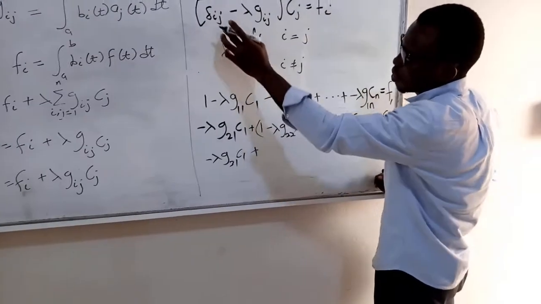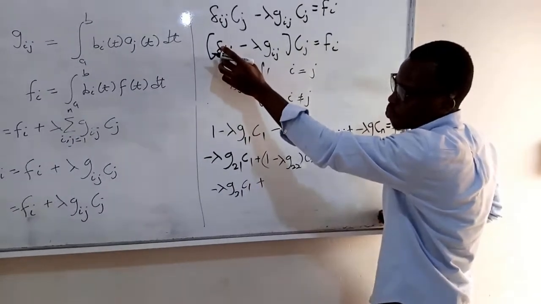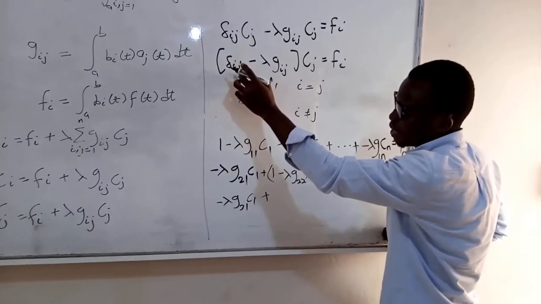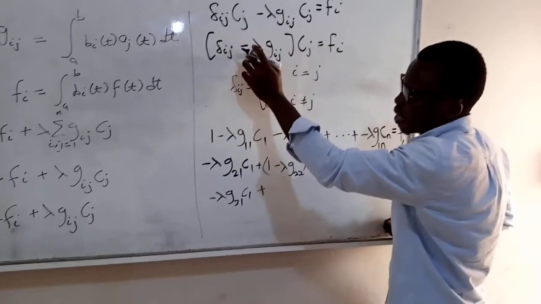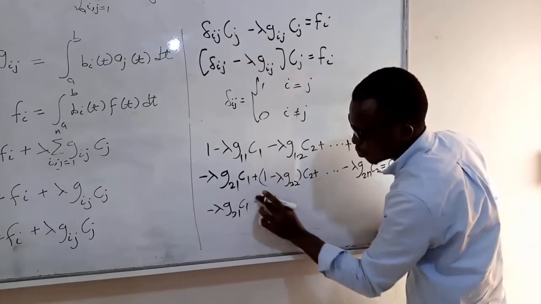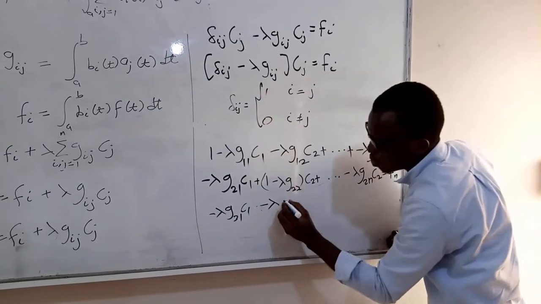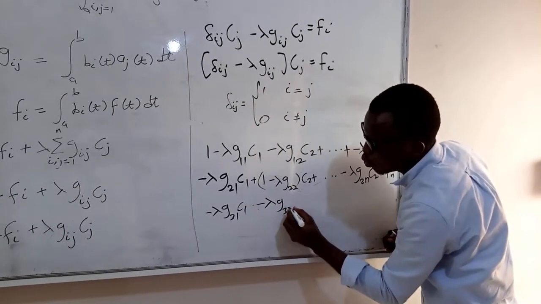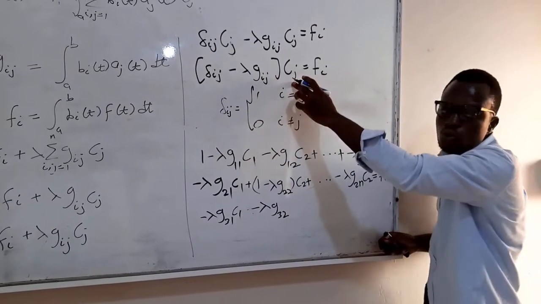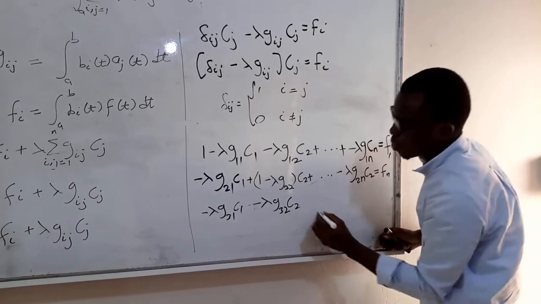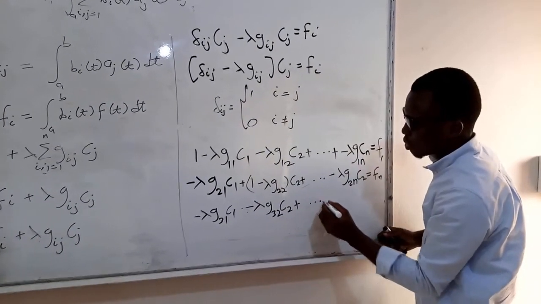We're going to have here 0, because here is 3 and 2, the connected delta function becomes 0. So here becomes minus lambda j 3 2, then j is 2, then becomes c2 plus dot dot.